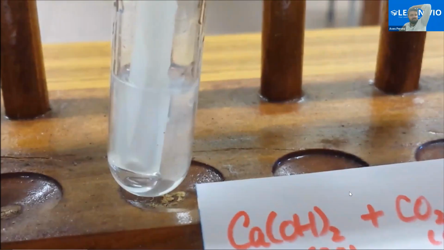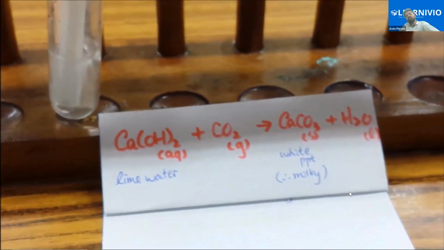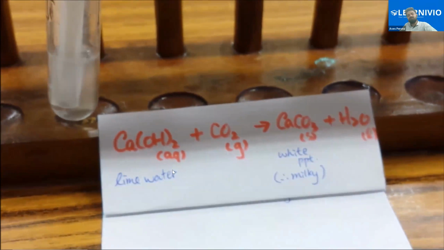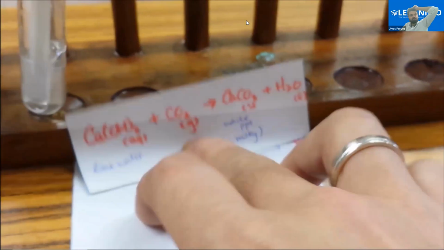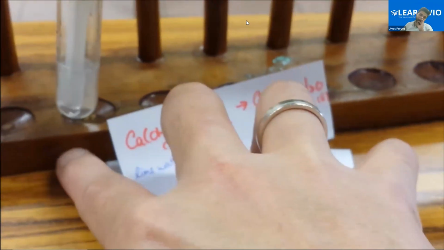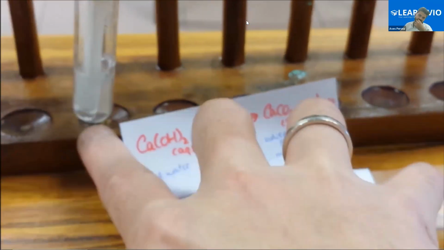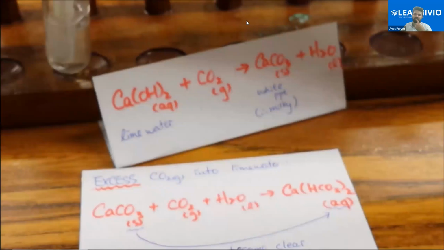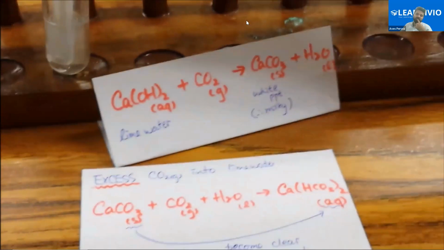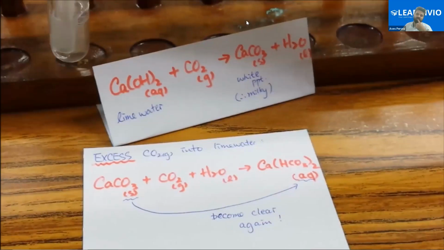So when you keep on passing, the milkiness will keep on disappearing due to the formation of calcium hydrogen carbonate. Okay, are you getting my point? समझ आया सबको? Calcium hydrogen carbonate is soluble in water. Okay, because it is soluble in water. That's why.